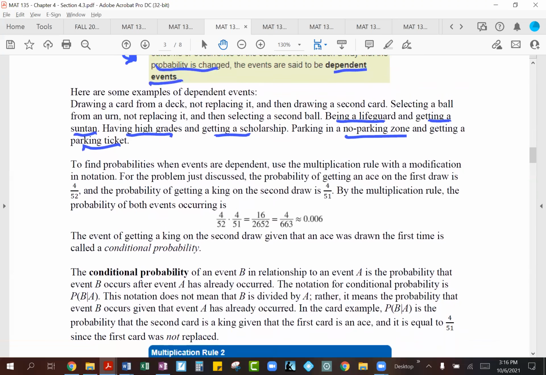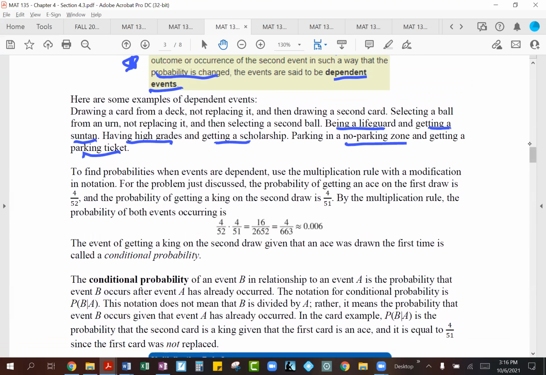So what happens in this case is then your probability changes as you calculate. Let's say we're talking about what are the chances that we get an ace the first time we draw a card, right? So we know there are 4 aces in a deck of cards. That probability will be 4 out of 52. Now, what are the chances that we can get a king on the second draw? But remember, if we picked whatever card we picked for that first draw, we did not put it back in the deck.